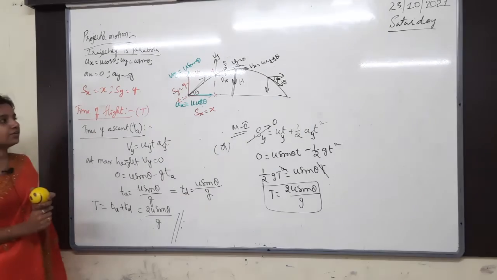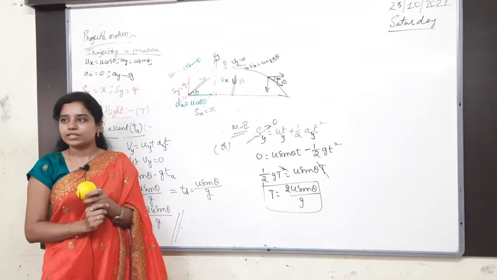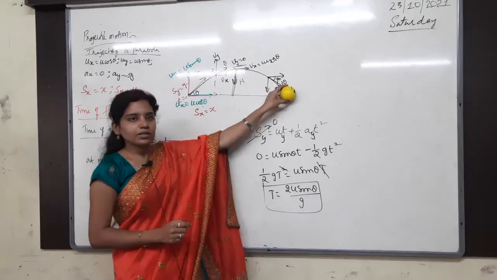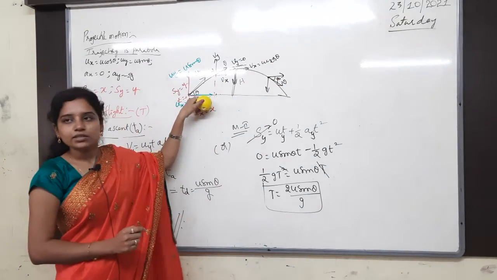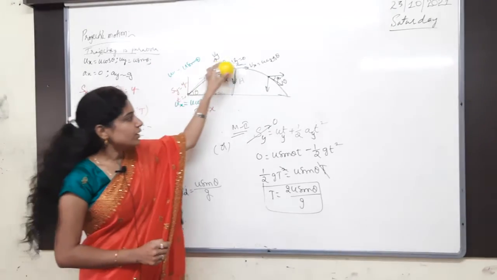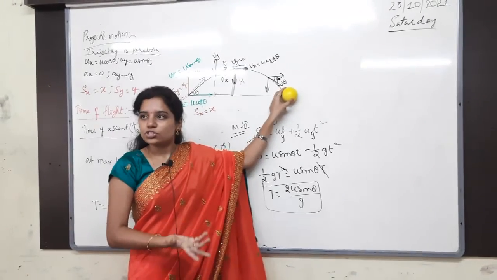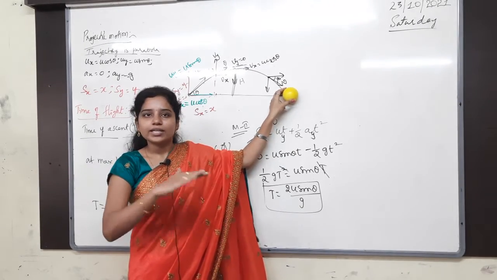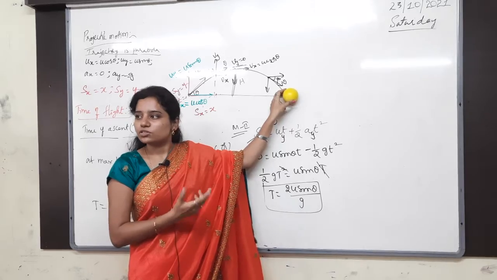Then if you want to find it with the displacement equation, now I am starting from here and then reaching the same level. What are the coordinates you are taking here? 0, 0. Vertical coordinate is how much? 0. Here also the vertical coordinate is 0. On the x-axis, what is the value of y? 0 only, no?